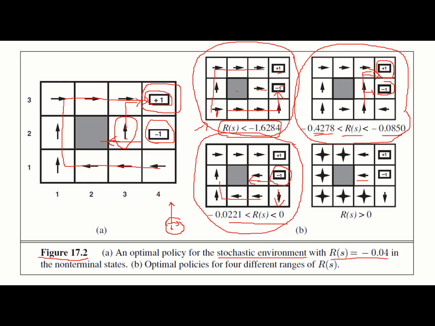And yes, more preferably, if it can reach the plus reward terminal state, it is even better. But the main point to note here is that the robot is hiding, running away from the negative terminal state.